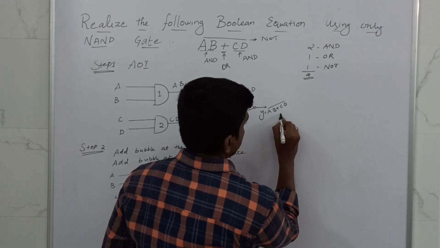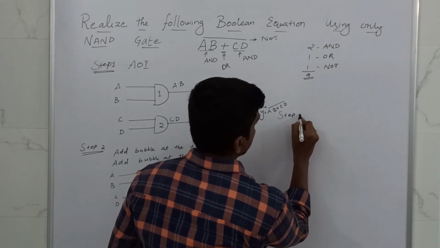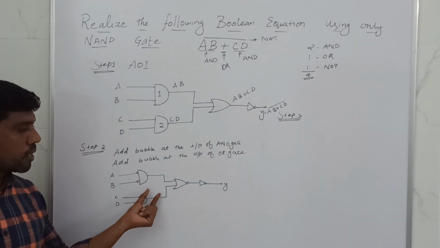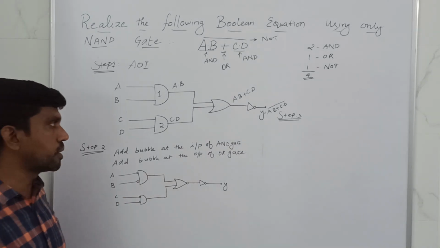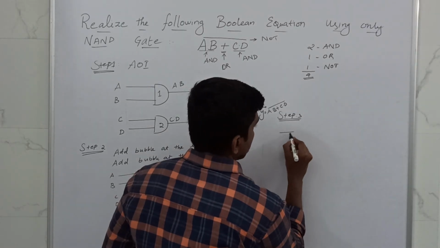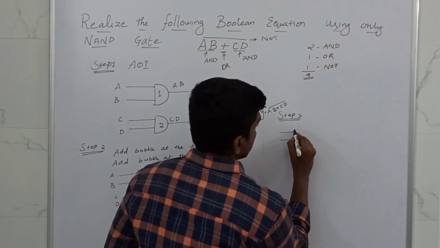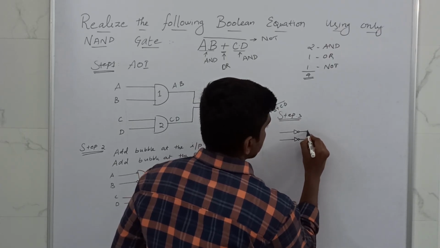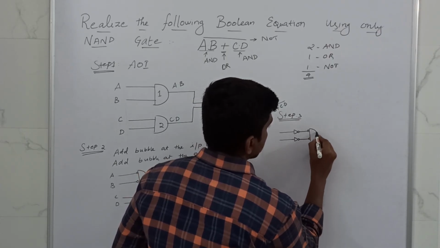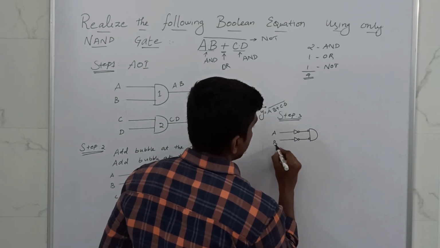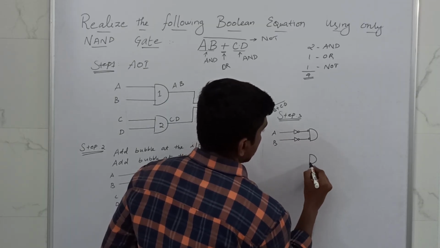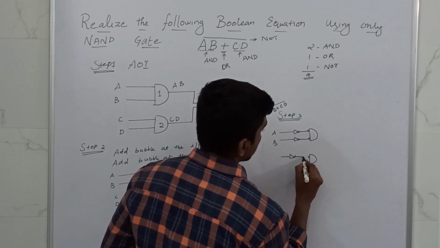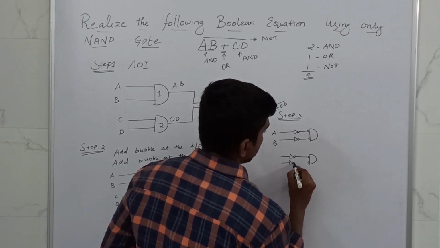Then come to step 3. Wherever you added a bubble in the circuit, you introduce one inverter. Here I add one inverter, and the inputs are A and B. Then for C and D, here also I introduced a bubble, so I add one inverter.